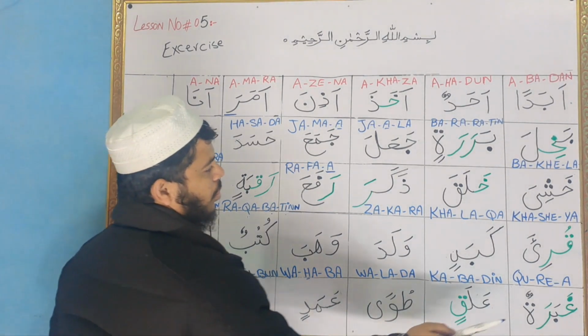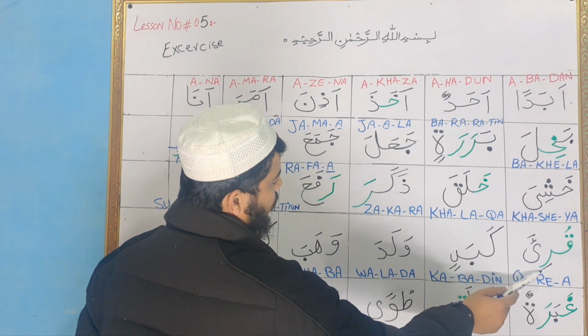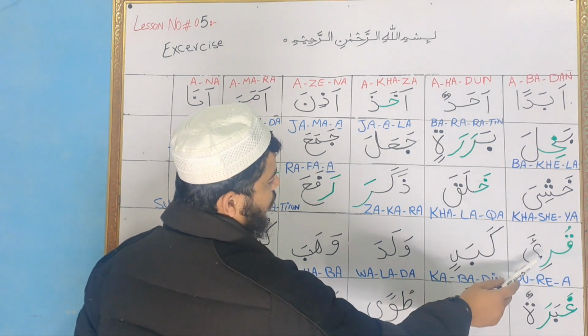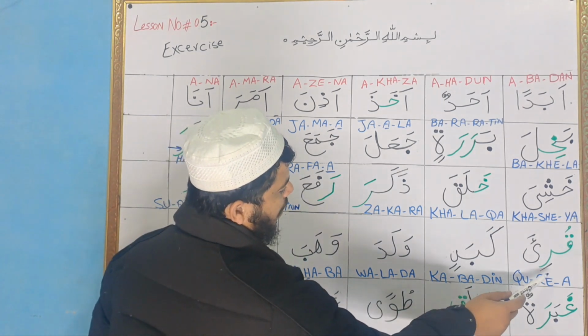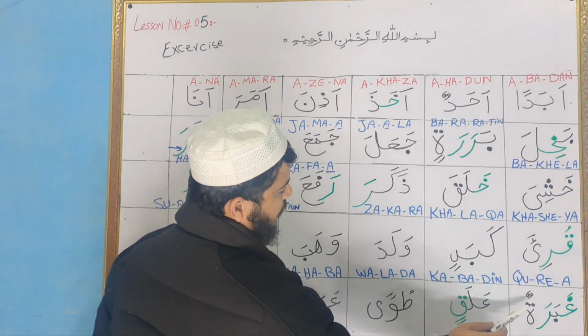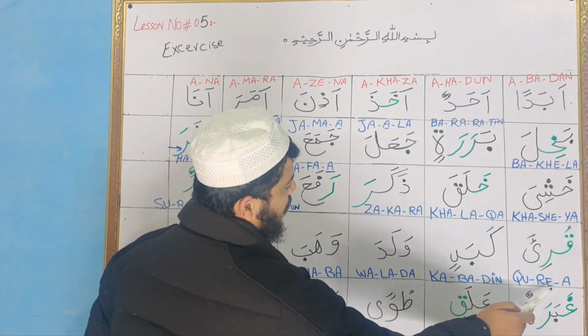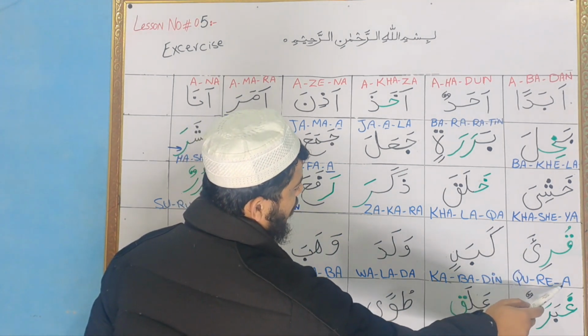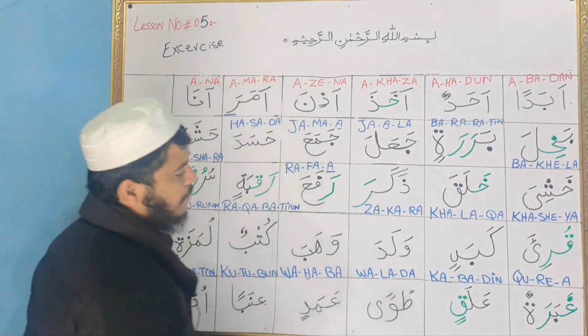Next, qaf dhamma qu, ra kasra ri. When ra comes with kasra, the sound of it will be light. So that's why I mentioned it with black kasra there. Ra kasra ri. Hamza fatha a. Quri a.